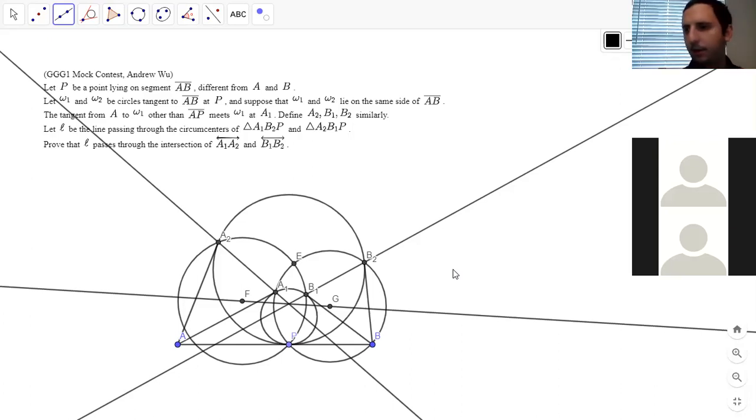I just have to figure out how that translates, how we can use Desargues then. So GB2A1 and FB1A2, A2B2 and A1B1. Yeah, that could be.